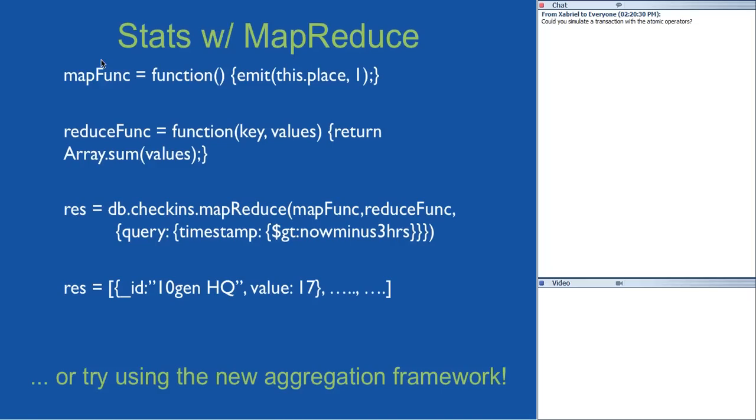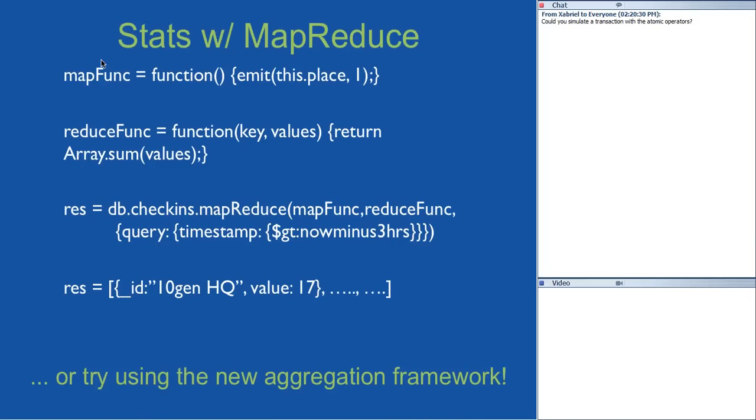So MongoDB also has a full MapReduce implementation. So with MapReduce, you can run these complex queries to do statistics and things like that across your data set. So you basically need a map function and a reduce function, and these are going to be written in JavaScript.